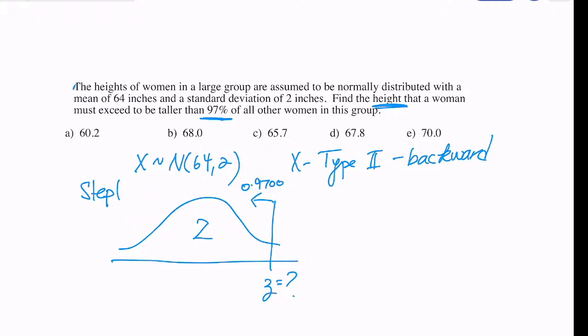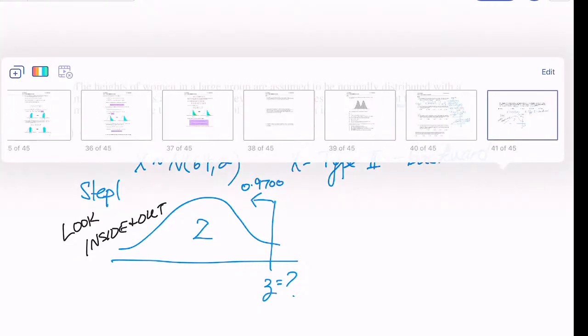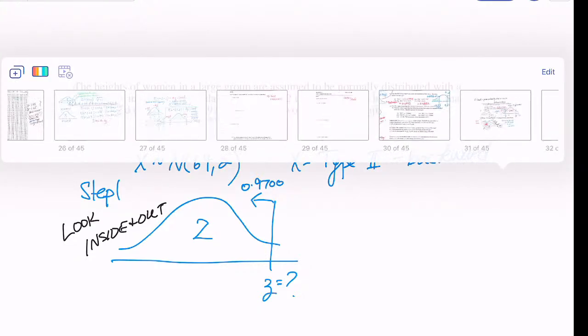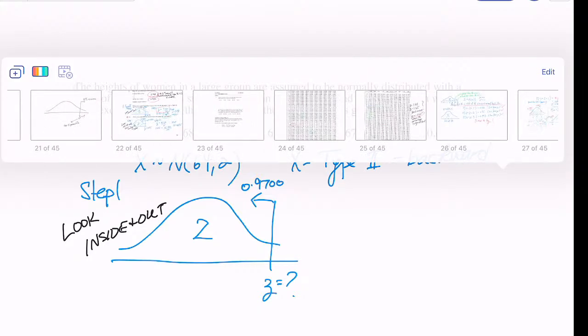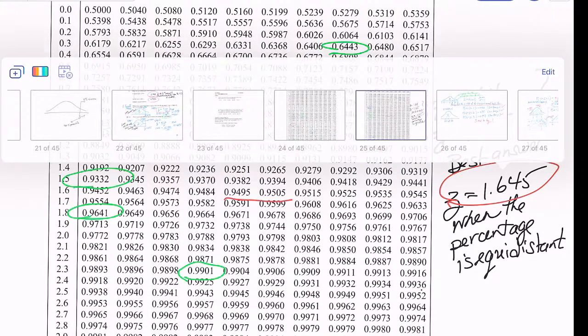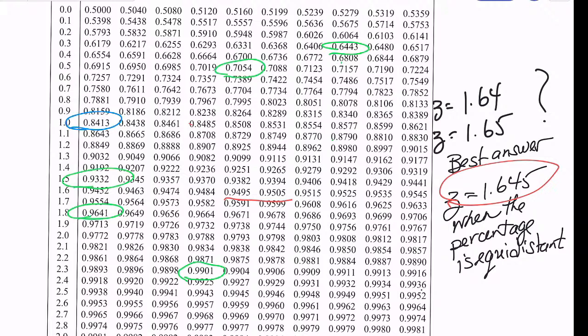So you need to go to the table. You look inside the table. So we'll go together. And look inside for 97.